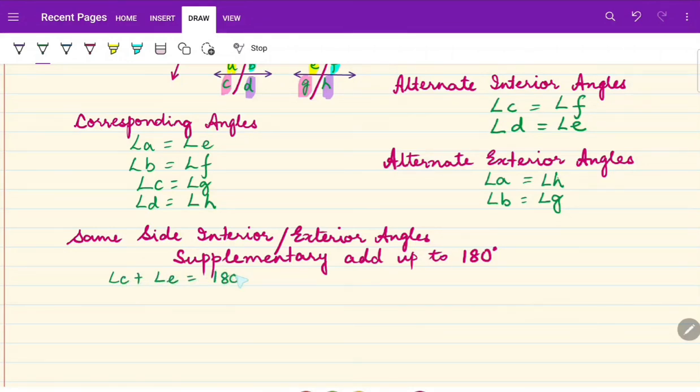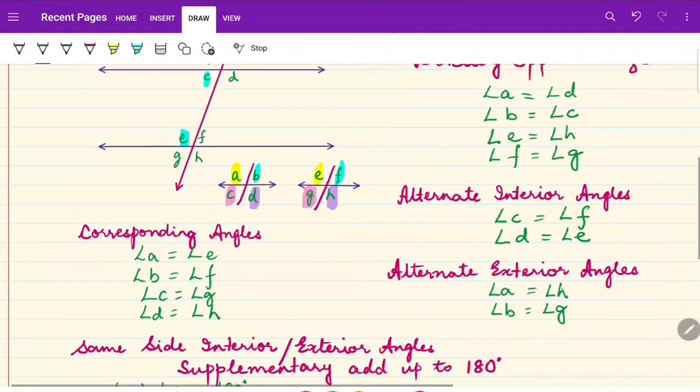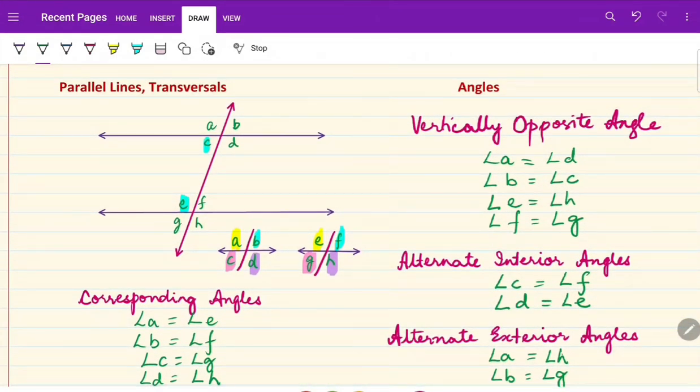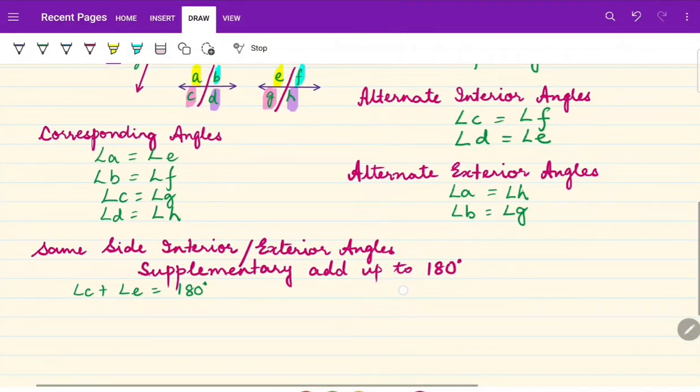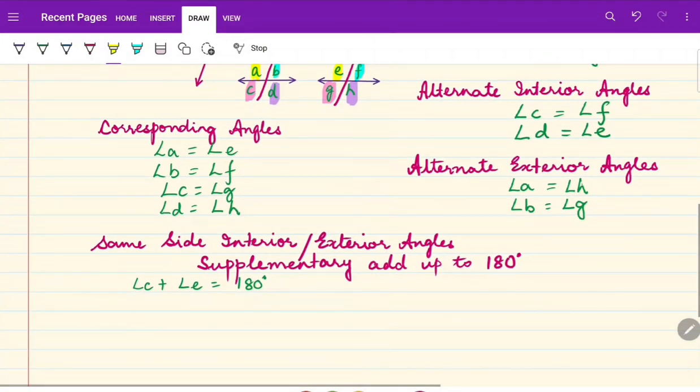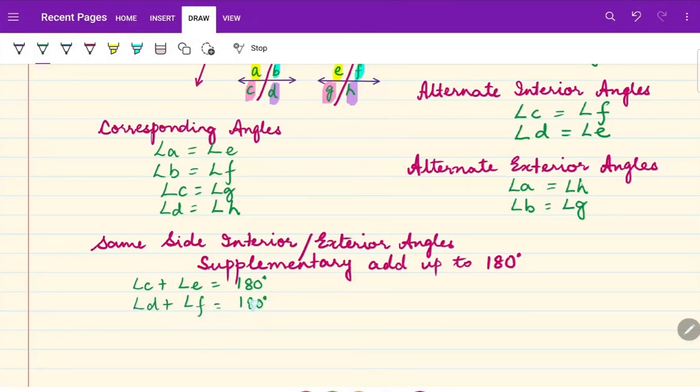They are not equal, but they will sum up to 180 degrees. Which other angles will add up to 180 degrees? D and F, right? So angle D and angle F will add up to 180 degrees. They are same side interior angles. So angle D plus angle F will equal 180 degrees, correct?